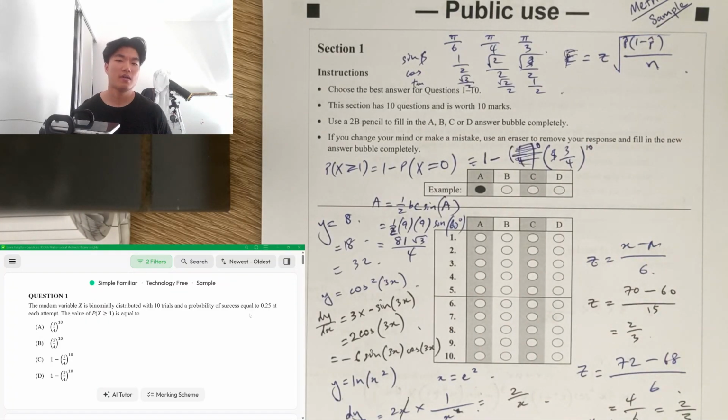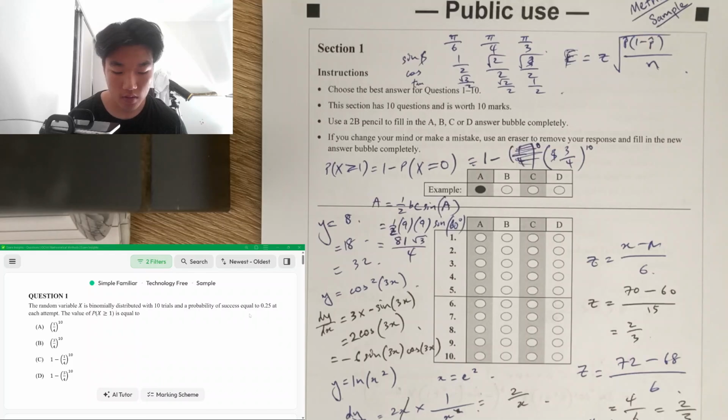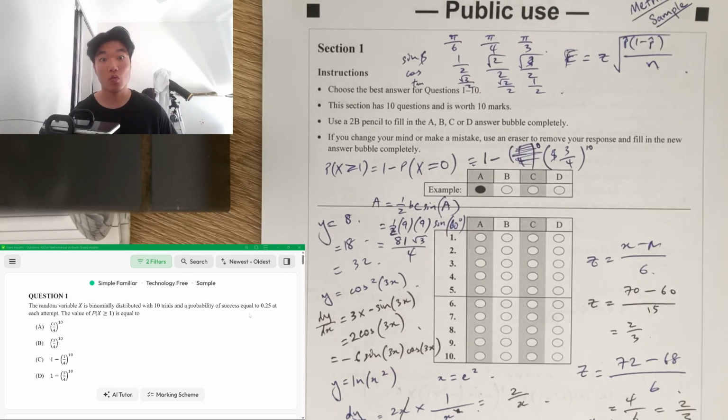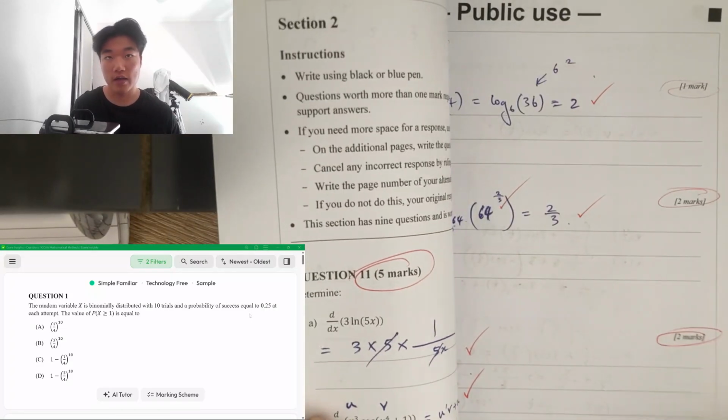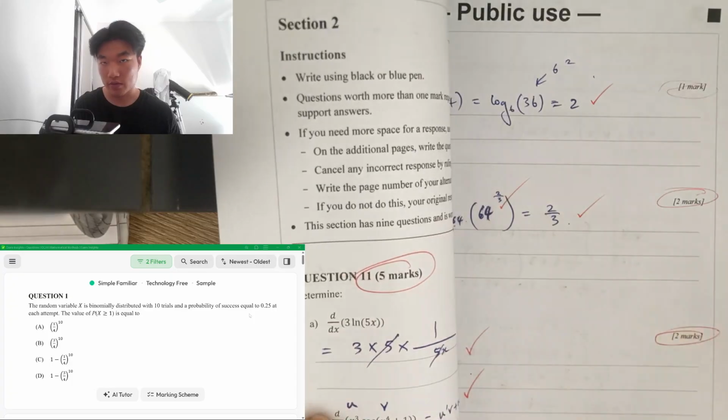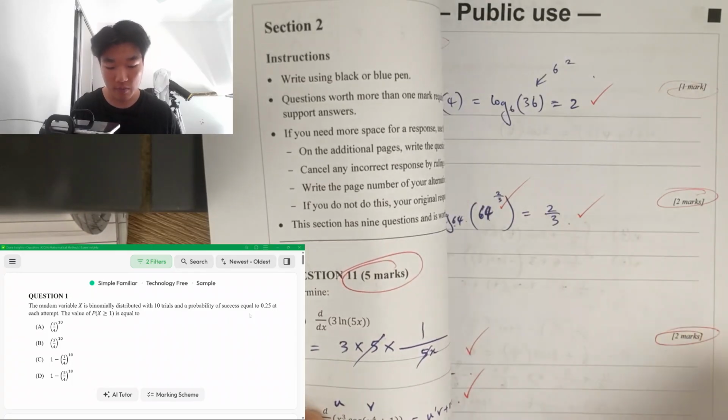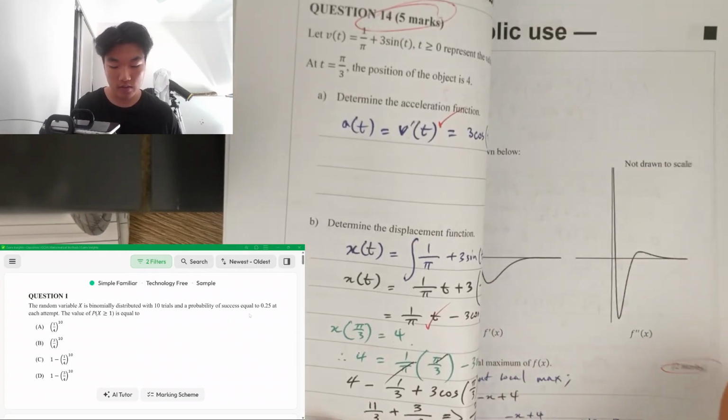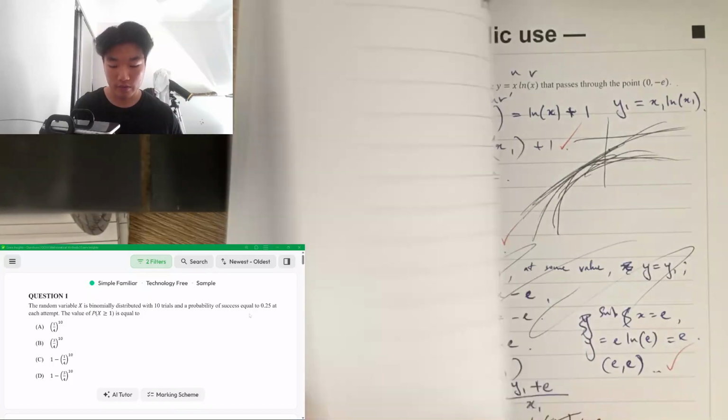I didn't notice, so I actually completed the first paper of the methods sample paper, and after paper one, I just checked to see if everything was all right, but it wasn't. So I have actually attempted every question, and when I thought I was live streaming, I went over the marking scheme and I marked everything.